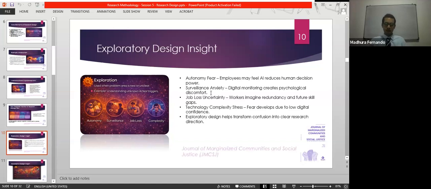The third type of feeling is job loss uncertainty. You feel that you are going to lose your job because AI is taking over your job, your action. So you have that sense of uncertainty. Workers imagine redundancy and future skill gaps.